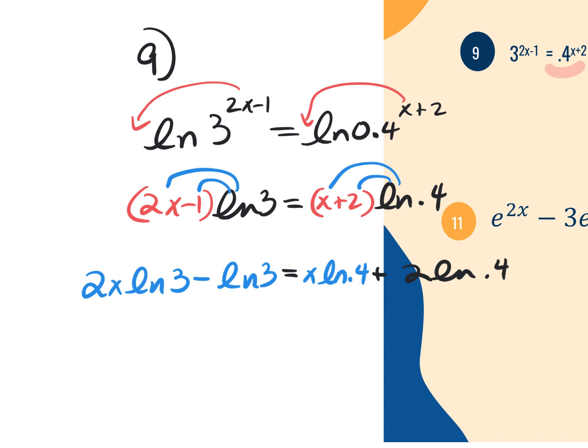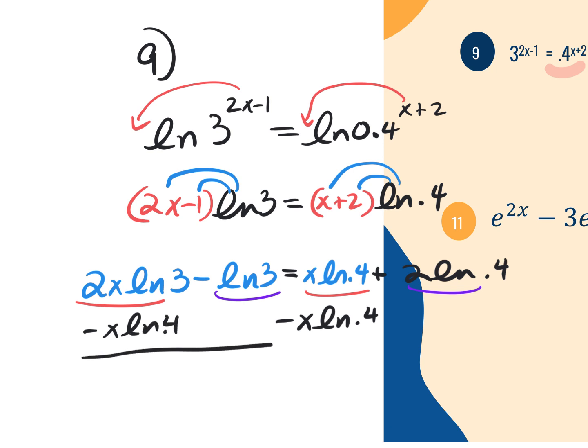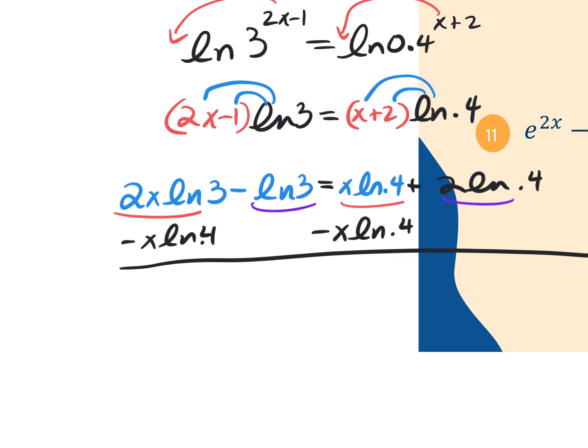I need to get my like terms together. So I want to get my x's together and my constants together. These are my x terms, and these are going to be my constants. I can add or subtract. Let's move the x's together first. So I'm going to subtract x ln of 0.4 from both sides. And now I have 2x ln 3 minus x ln of 0.4.